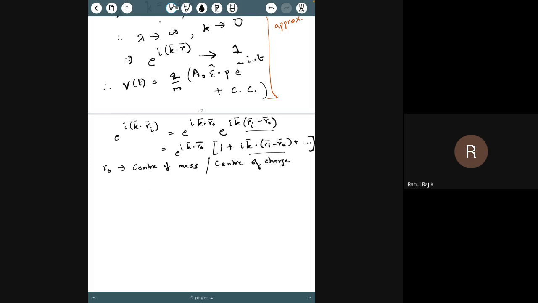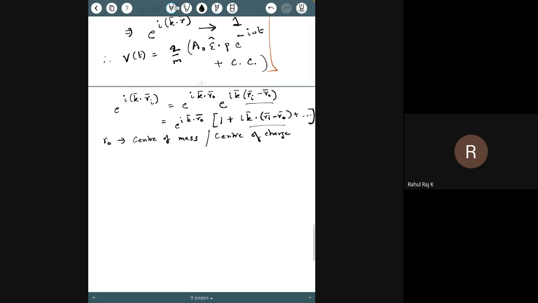But I'm not going into this. This is just to tell you that from this point, you can also get more accurate interaction Hamiltonians if you want.